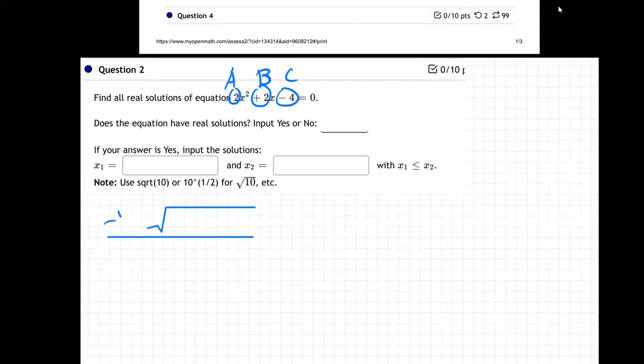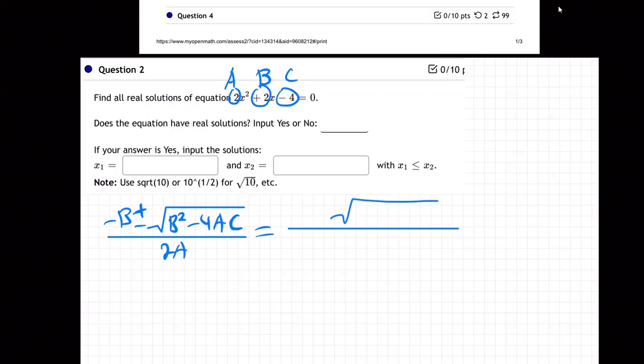It is negative b plus or minus the square root of b squared minus 4ac, all over 2a, like so. And so then we get negative b plus or minus the square root of b squared minus 4 times a times c, all over 2 times a.